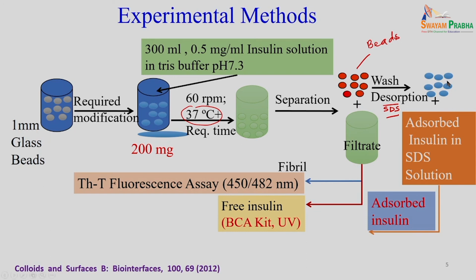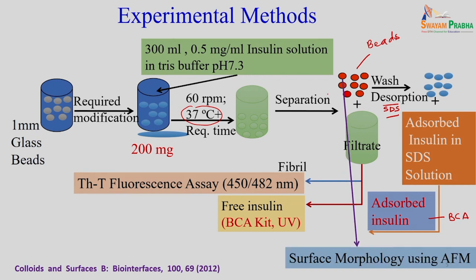Similarly, after desorption we can also analyze the adsorbed amount on the surface. This adsorbed insulin again can be analyzed using the BCA assay. Further, these are the surfaces with the adsorbed or aggregated insulin, so that morphology can be analyzed using atomic force microscopy.